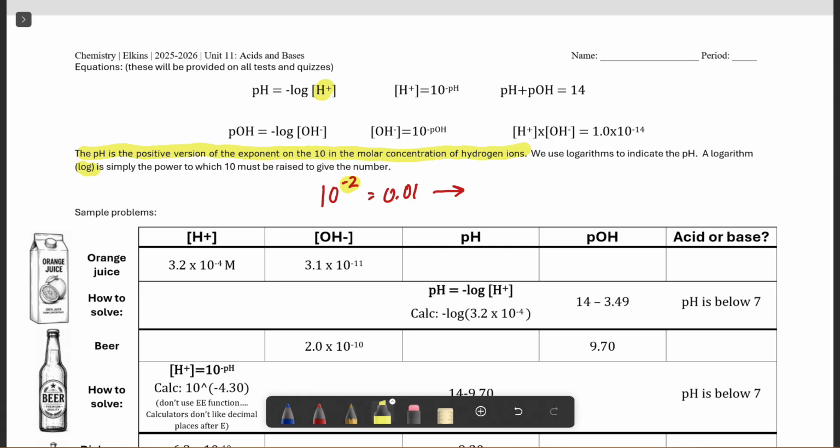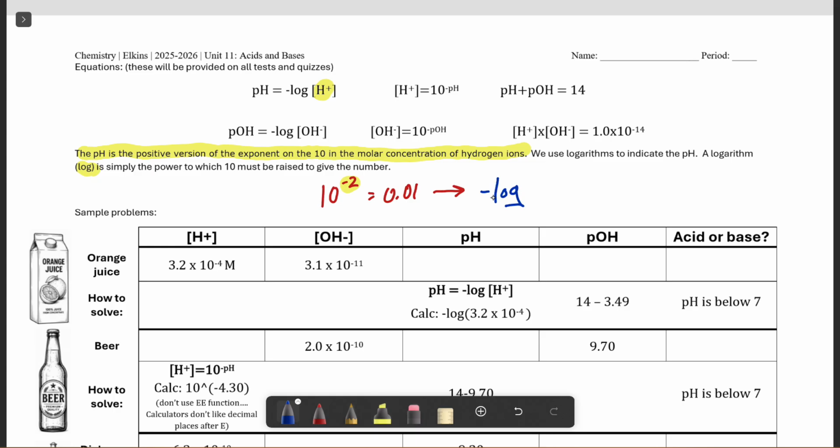Now for pH, I don't want negatives because remember, scientists don't like to be so negative. We'd rather be positive with our outlook on life. So if I want to know what the positive version of this number is, I'm actually going to take a negative log.